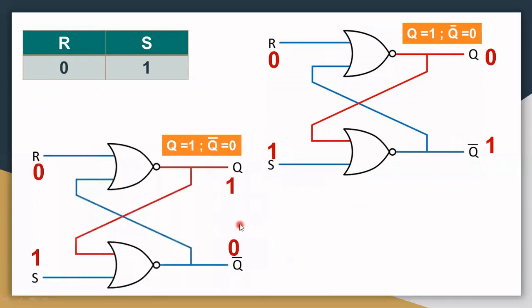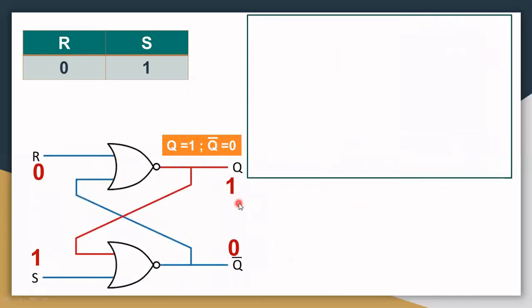We have another state for SR flip-flop in which Q is equal to 1 and Q dash is equal to 0. Assume Q is equal to 1 at a particular time. Then I am giving the same input, R is equal to 0 and S is equal to 1.